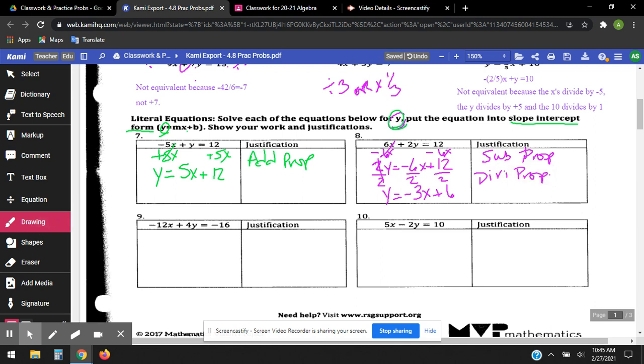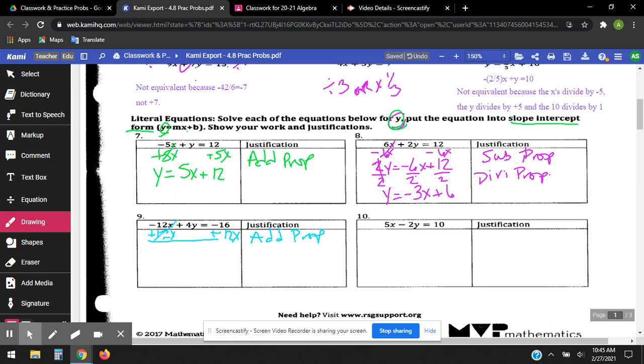Okay, next we have to move our x again. So it's a negative 12x. This time we're going to add 12x. Remember, when I want to move the x with it, I have to add or subtract. So that's an addition property.